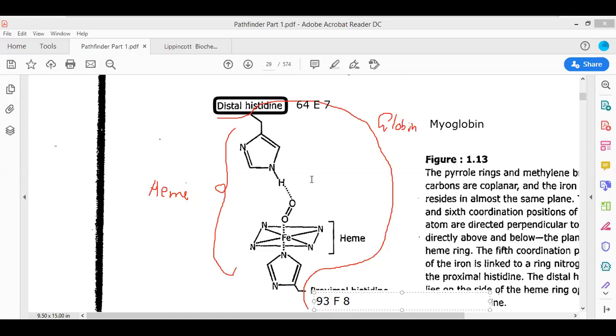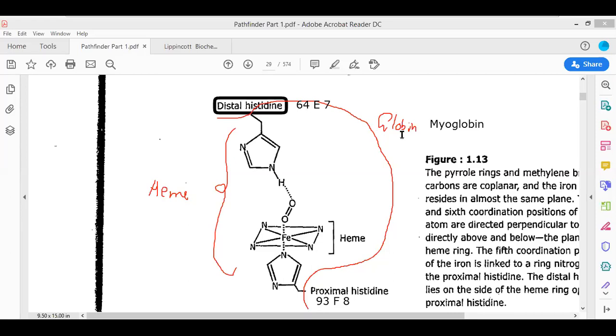Looking at the structure of myoglobin, at the 64th position in the globin protein there is an amino acid represented by the symbol E, glutamate, and at the 7th carbon atom of this glutamate a histidine molecule is bound, called the distal histidine.